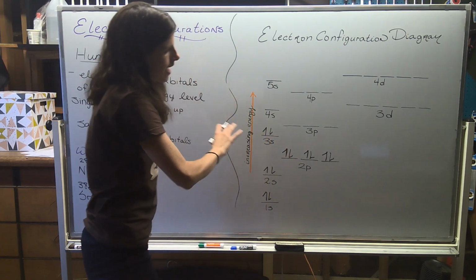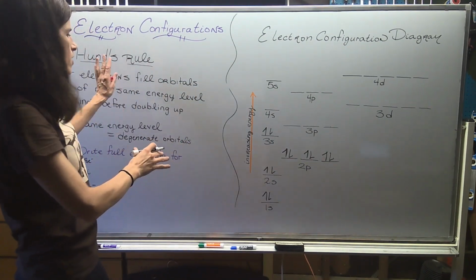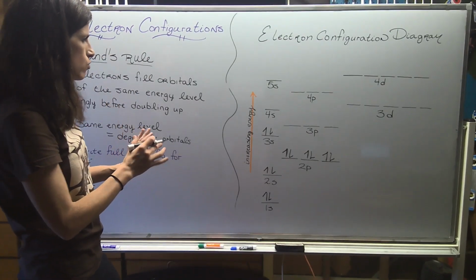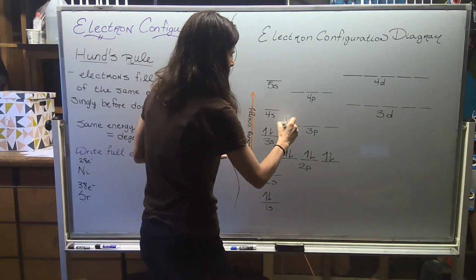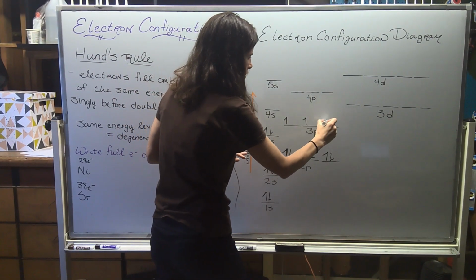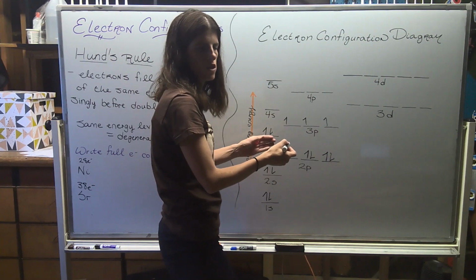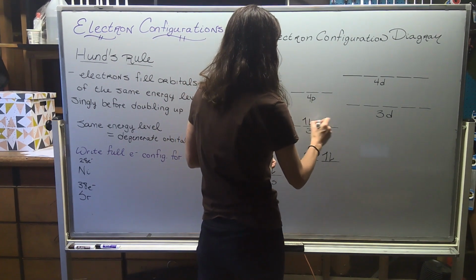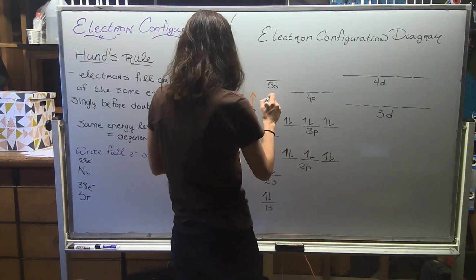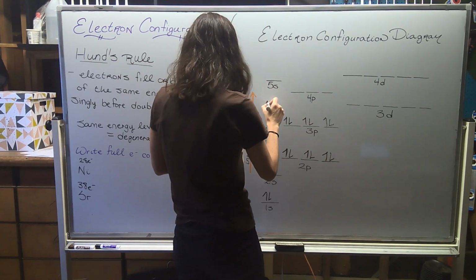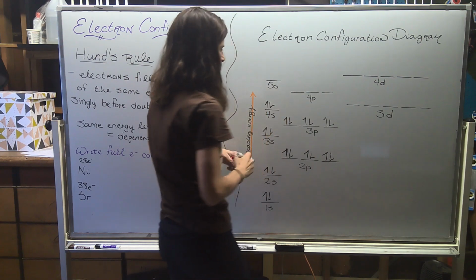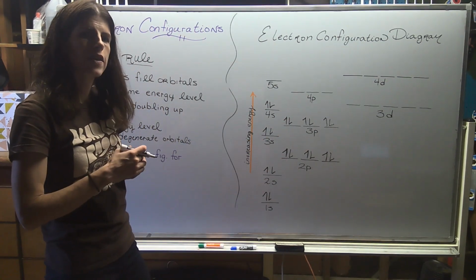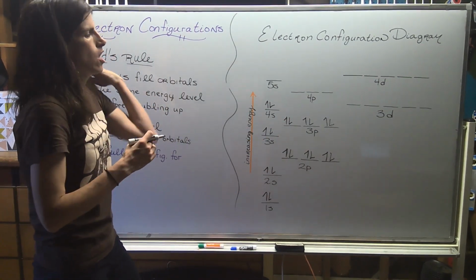So I'm in the habit, you'll notice as I'm filling this out, that I just automatically apply Hund's rule. So 12, 13, 14, 15, a bunch of singles. Now we start doubling up. 16, 17, 18, 19, 20.